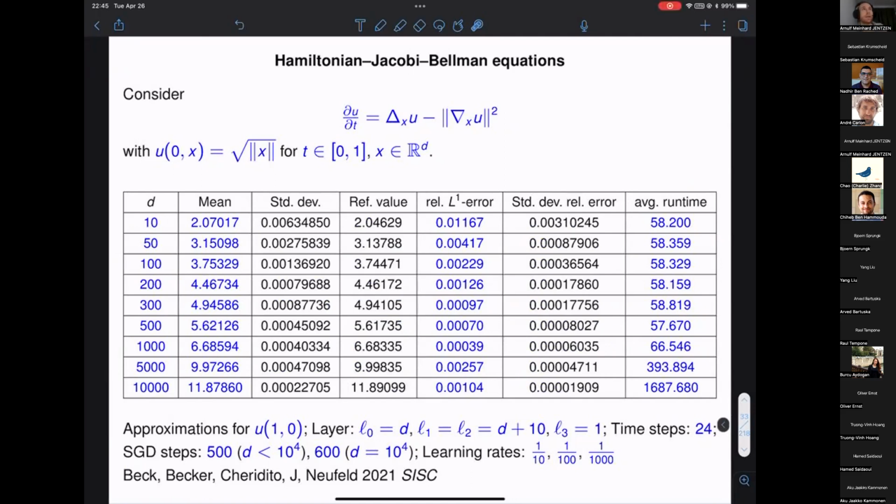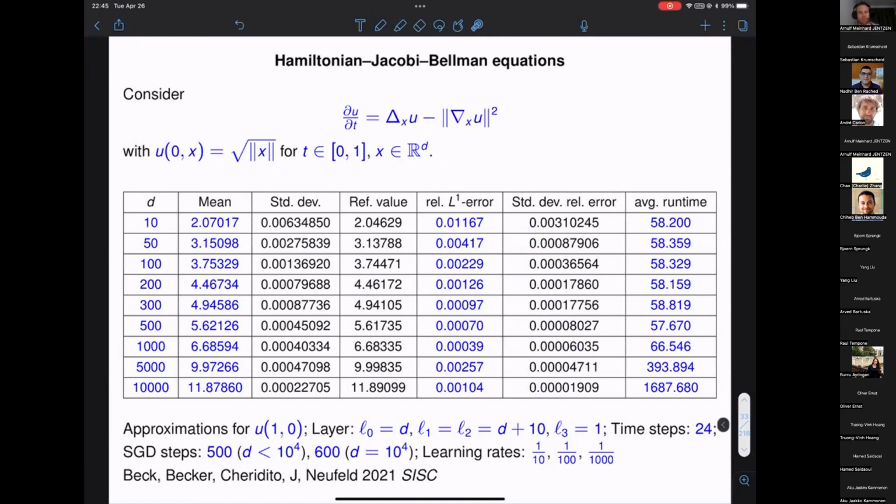Until today, there is no proof that such methods do indeed overcome the curse of dimensionality. There is not even a proof that such methods do converge, even in one dimension. Not even if you ignore a rate of convergence, there's no proof that such methods converge. But the numerical simulations are quite encouraging.